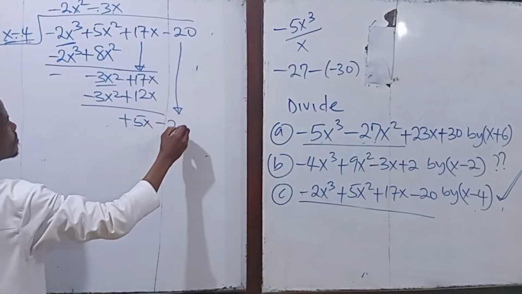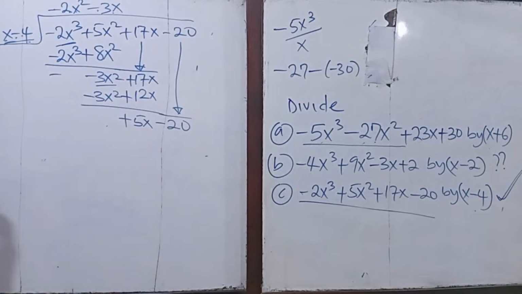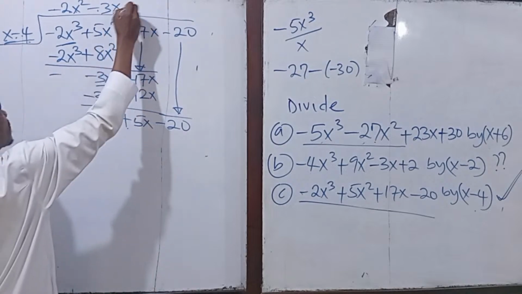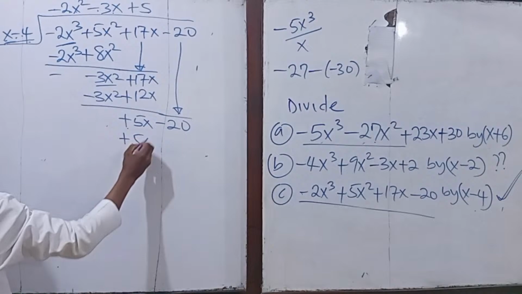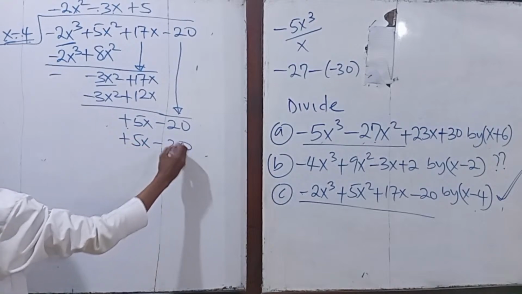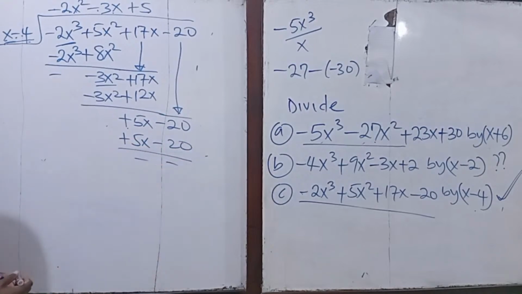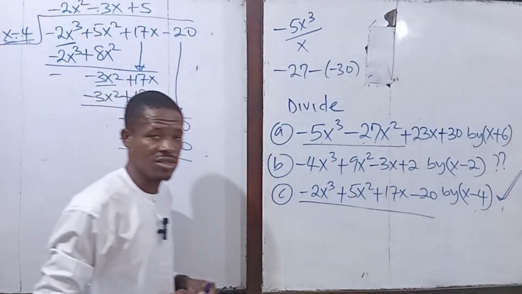That's a minus 20. So repeat the process, 5x over the first one here, and don't forget, this is a plus 5x. So we have a plus 5. This one times this one, that's a plus 5x minus 20, and that gives us a 0. And that's that.